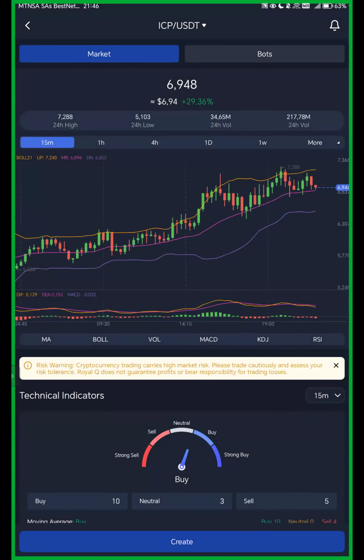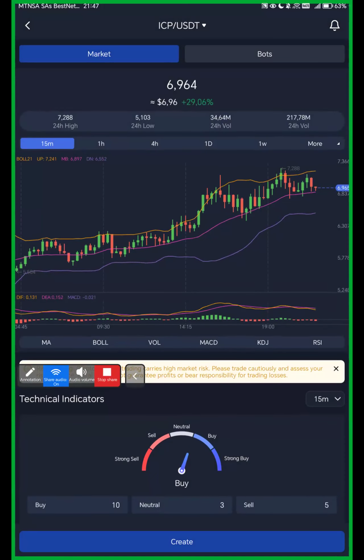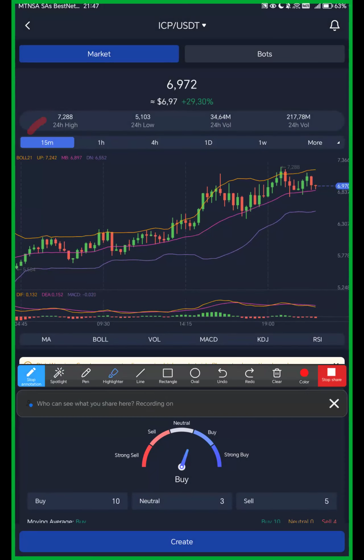Now, the Royal Q robot is monitoring the MACD in a 15 minutes time frame. If a golden cross happens in this time frame, the robot is going to buy for you. But when it buys for you in a 15 minutes time frame, it does not mean that by the end of 15 minutes, the robot is going to close the trade.